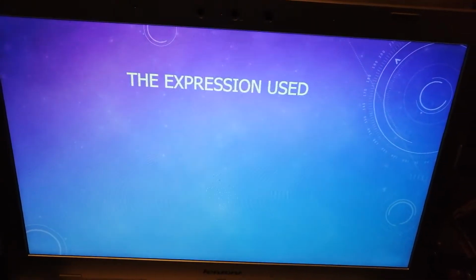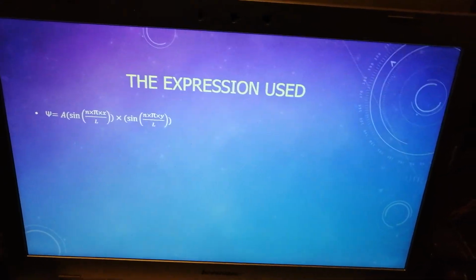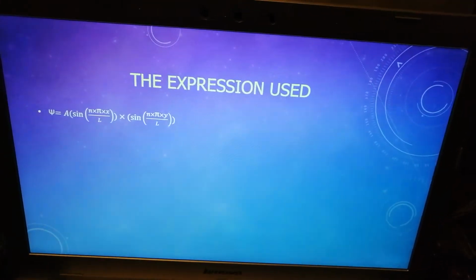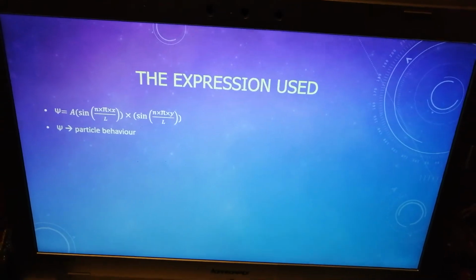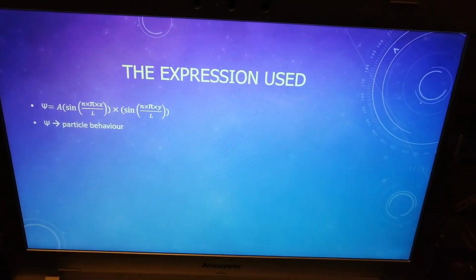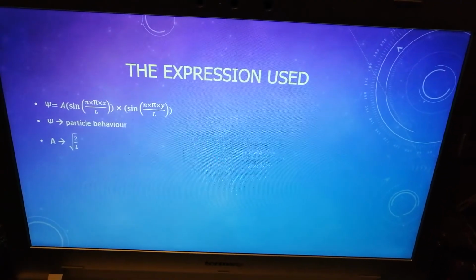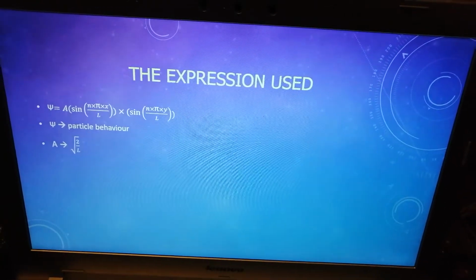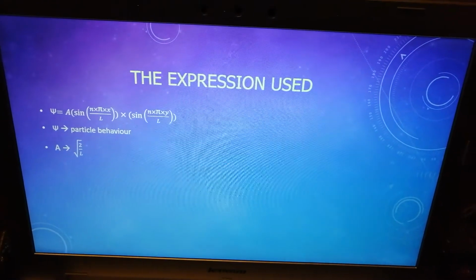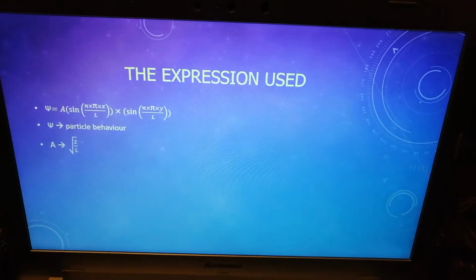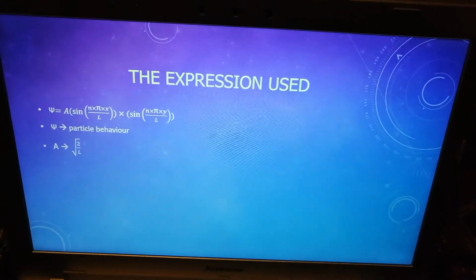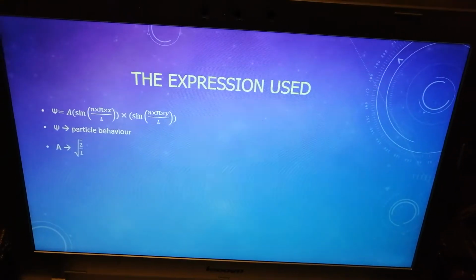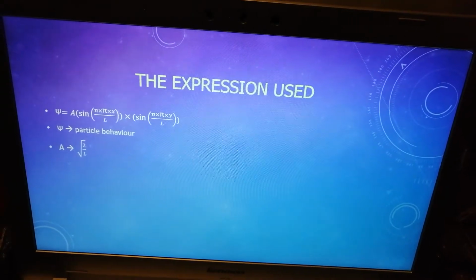Now, for this, we're going to need to use this expression, which comes from the Schrödinger equation. Psi gives us the behavior of the particle in this environment. A is the normalization constant, which comes from the integrated Schrödinger equation when there is a 100% possibility of a particle existing in the environment.